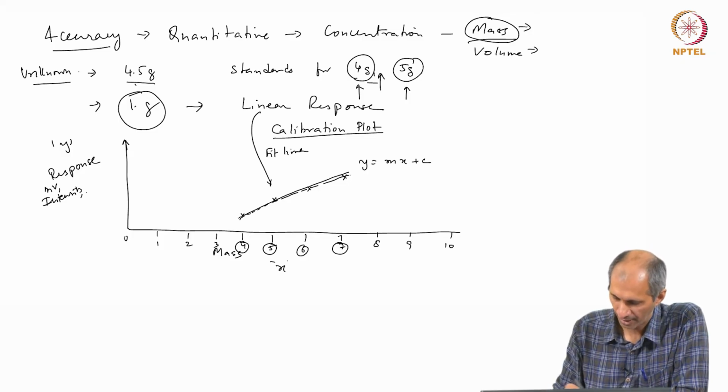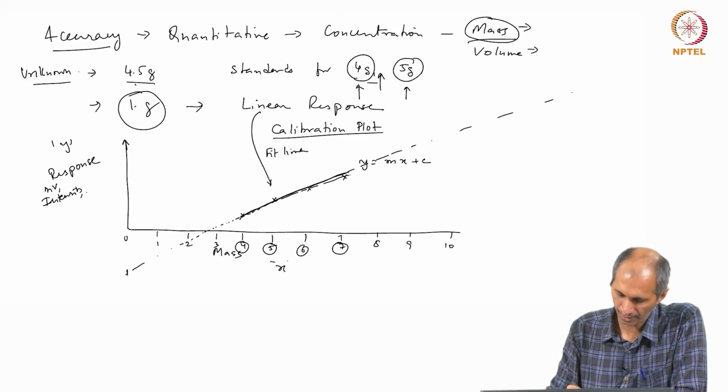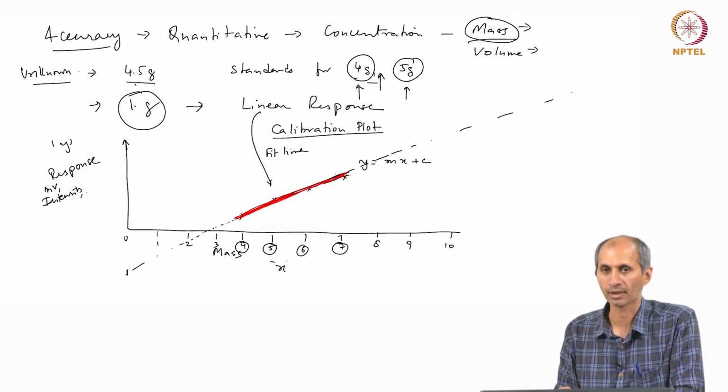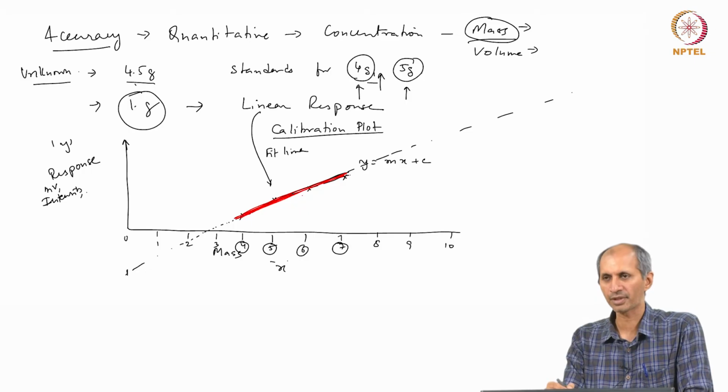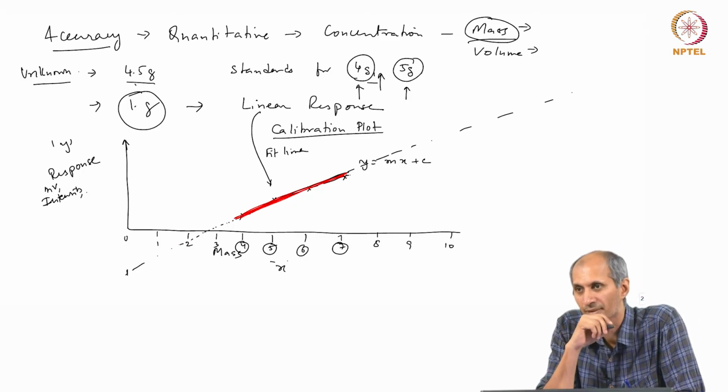Ideally speaking this is the only line I can fit because these are the only 4 points, but I can extrapolate it, I can pull it down and it gives me a 0 value somewhere there and I can pull it up here. Essentially this is the only region in which I am actually measuring and I have a lot of confidence in this. This region I do not know, I am guessing.